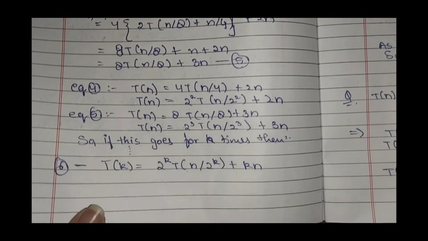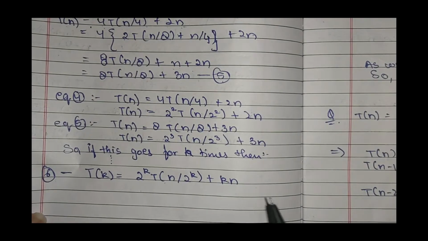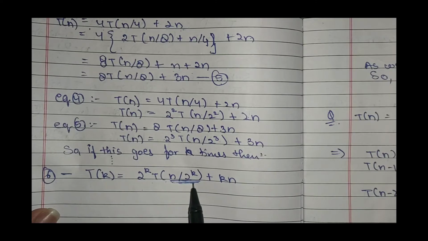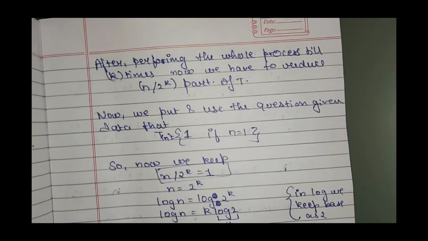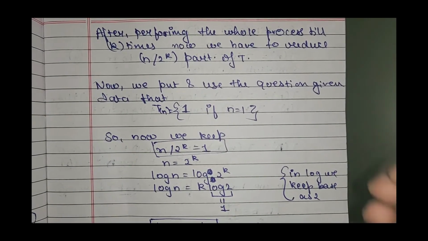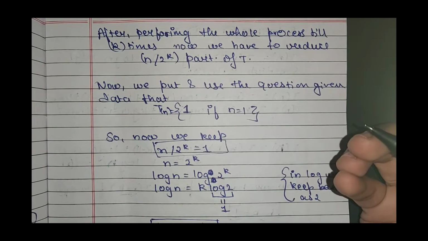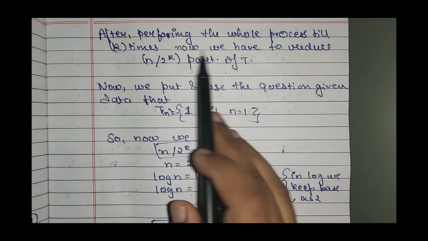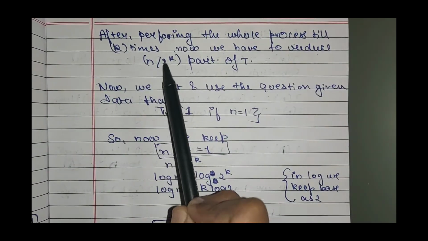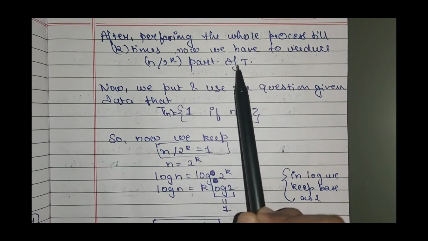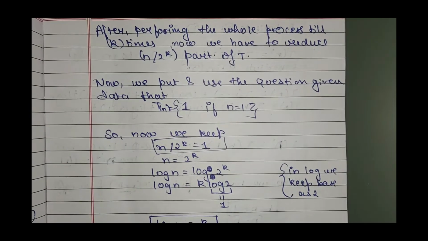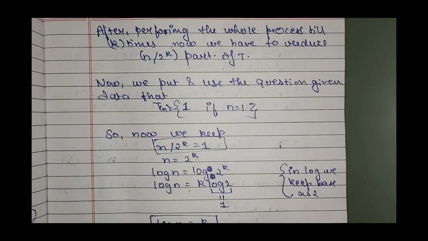Now as we can see from this part, we are having T in terms of n by 2 to the power k. So we have to convert it into a format that is understandable, and we can generalize this for analyzing the recursive relation. After performing the whole process k times, now we have to reduce the n by 2 raised to the power k part of T. We have to reduce that part in terms of n to get the order of the question.